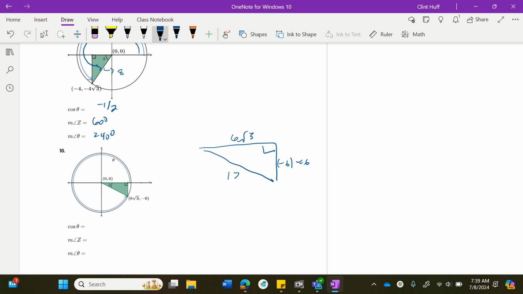So this must be a 12 over here, making my cosine 6 root 3 over 12, which is root 3 over 2. And then this angle right here, that's opposite the short side, so that's 30 degrees. And my angle of rotation all the way around here would be 330 degrees.